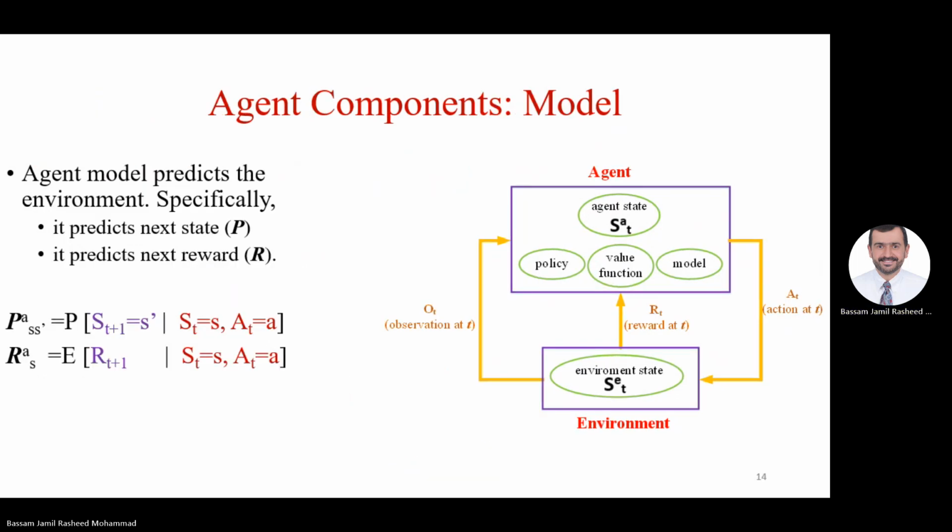So one thing we need to add to the model is the probability of going from one state to another state. Let's say, for example, I am in a state S. I can go to S prime or S double prime, for instance.